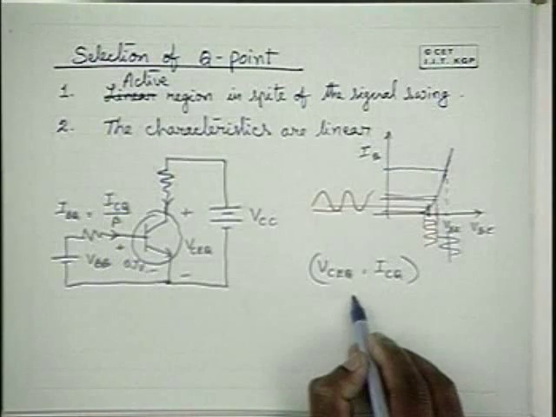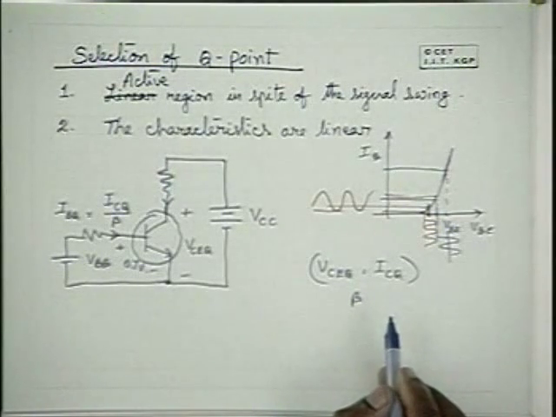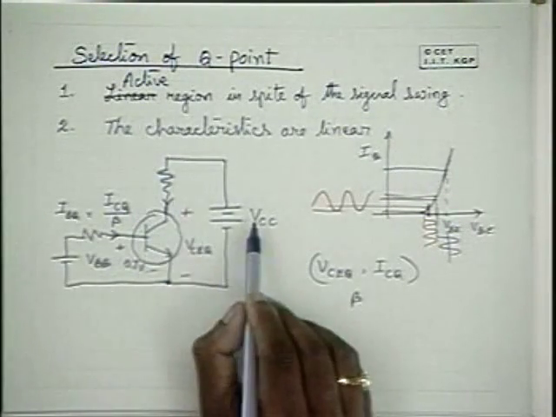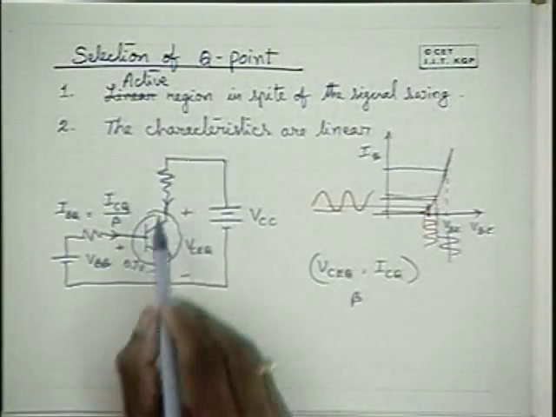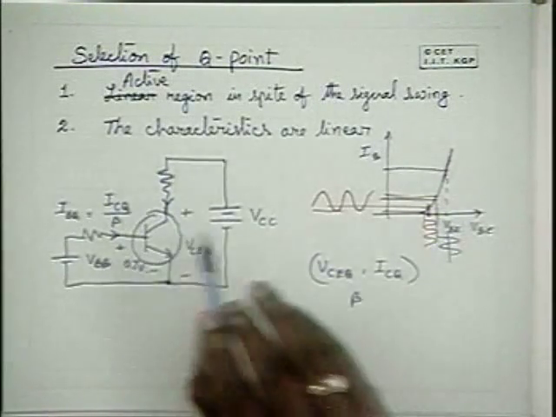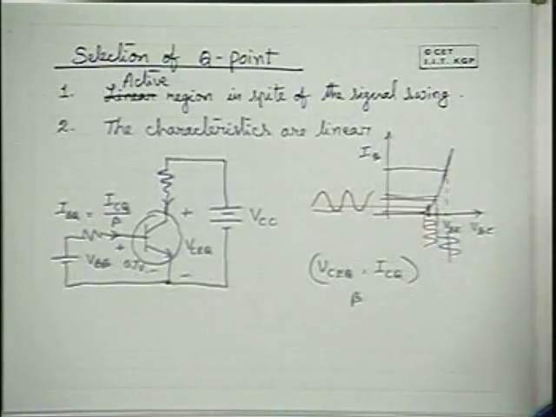Of course, beta is also specified already once the transistor is selected. Now, what kind of arrangement? Do you go for 2 voltage sources and 2 resistances to provide this quiescent point, or can it be done with 1 voltage source, in which case what is the circuit? That is the question.